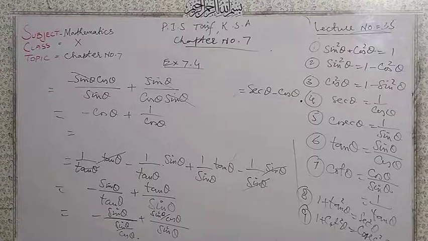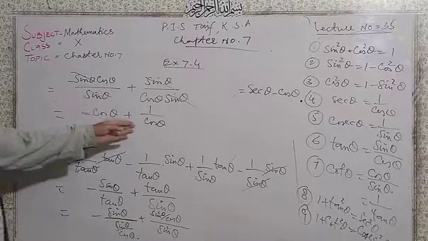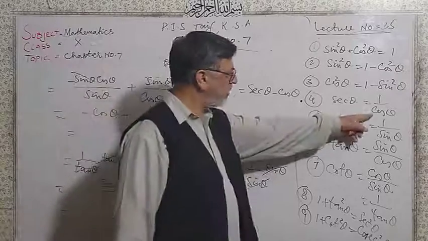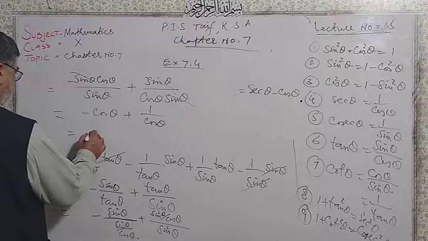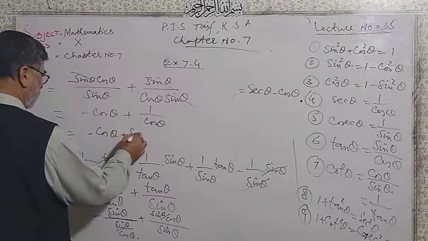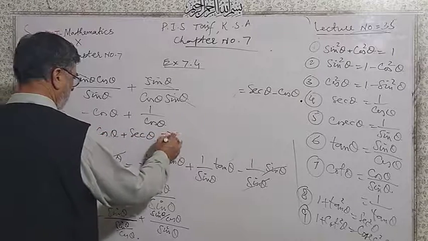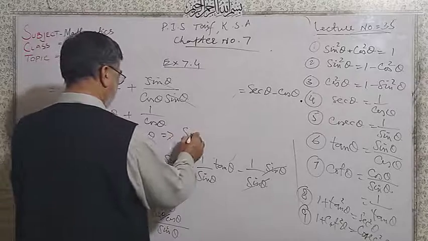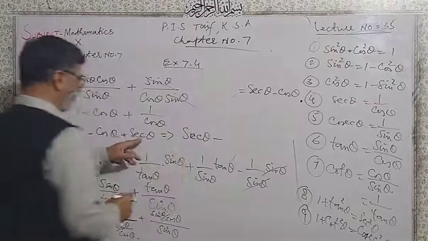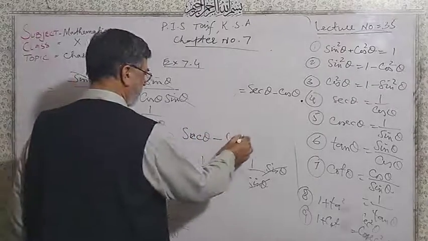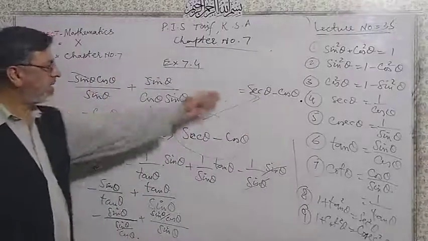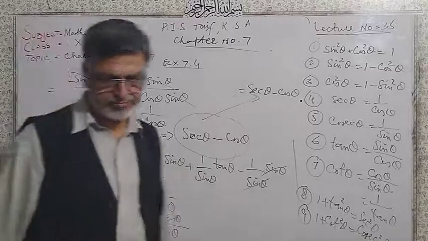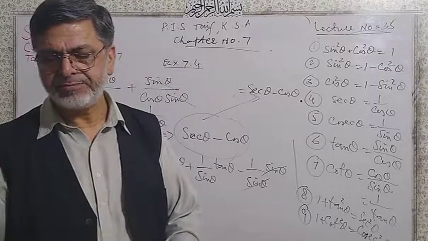Dear students, you know that 1 over cos is secant theta. So minus cos theta plus secant theta implies that you can write down secant theta positive term first, negative second place, then you can check your right hand side. Secant theta minus cos theta. That's your answer.